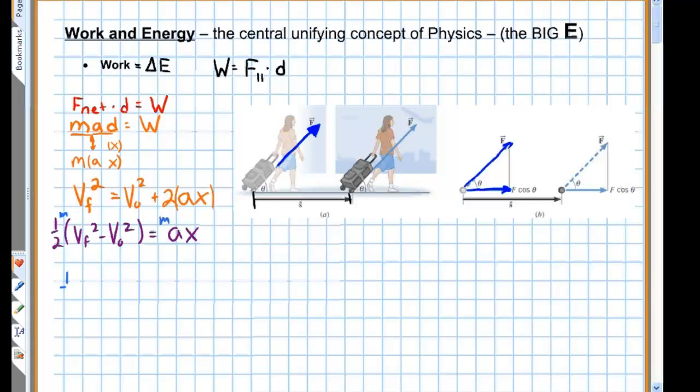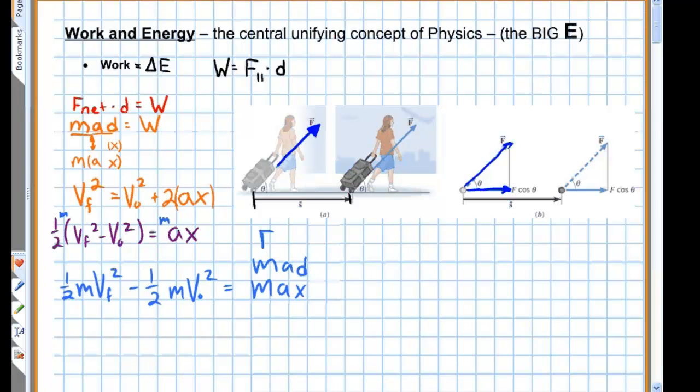Now, if I multiply everything by mass and distribute, we get 1/2 m vf squared minus 1/2 m v naught squared is equal to max, which, don't forget, was actually equal to MAD, which was actually equal to force times distance, which is all an expression for work.